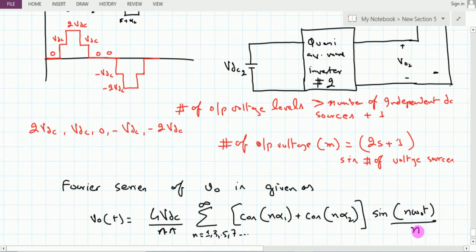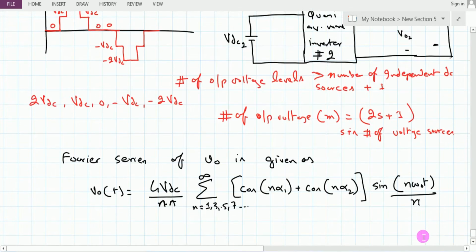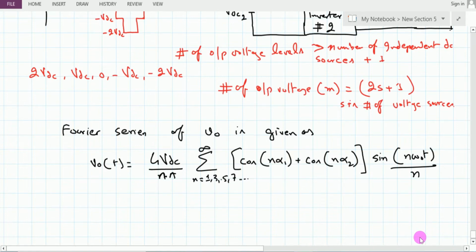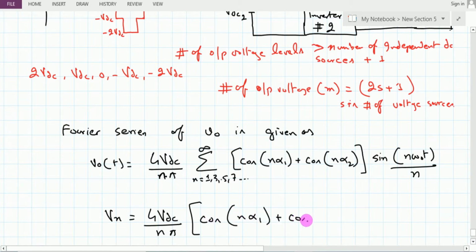This is the Fourier series for this cascaded connection of two square wave inverters. The coefficient of the Fourier series is Vn equal to 4 VDC over n pi into cosine n alpha 1 plus cosine n alpha 2, where n equals 1, 3, 5, 7 and so on.